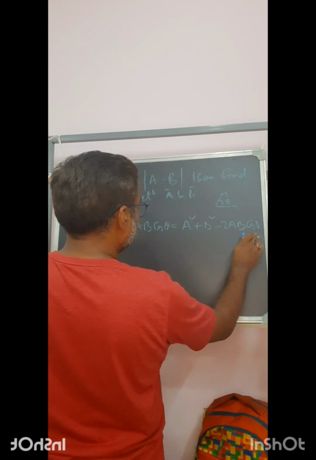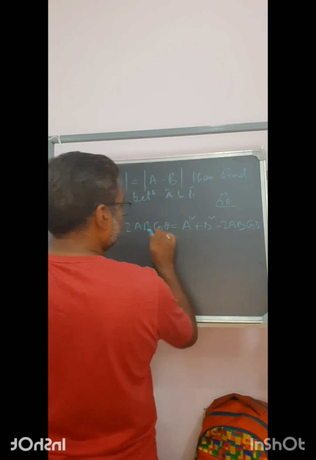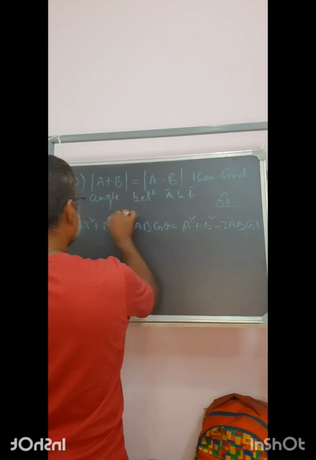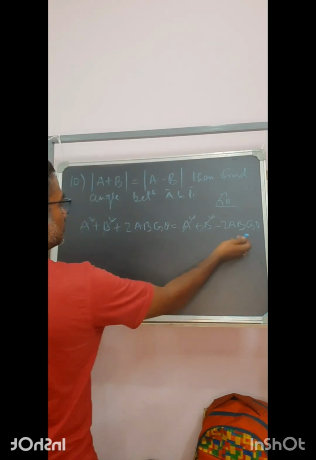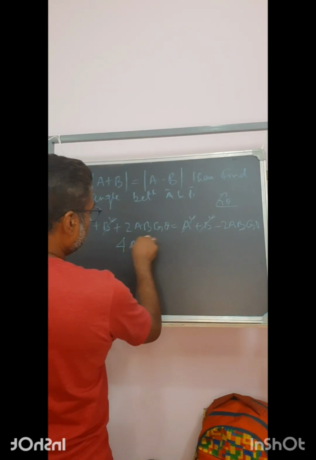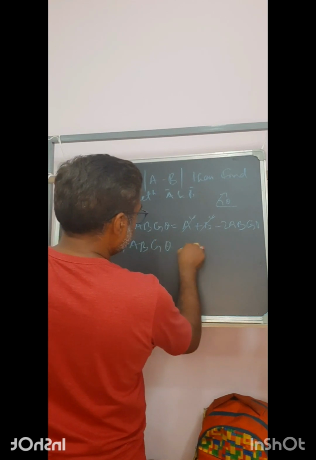So here also I will put theta, so both will be the same, and this will cancel out. So altogether 4AB cos theta is equal to 0.